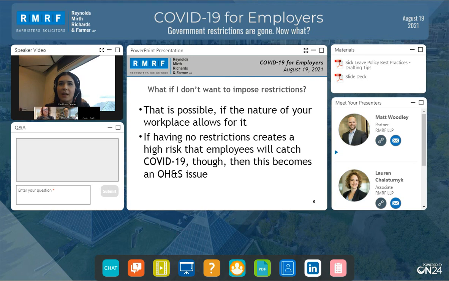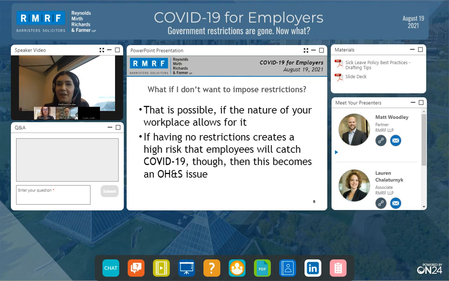And to help conceptualize this risk in terms of compliance or non-compliance with the Occupational Health and Safety Act, if there is an investigation and that investigation determines that there has been a violation, an employer can be subject to an order, relatively severe monetary penalties, or even prosecutions under the Act. So these will be things that you need to weigh in terms of a risk-benefit analysis or a risk appetite in determining what sort of restrictions you'd like to impose.